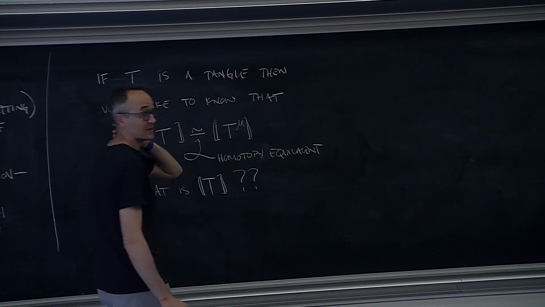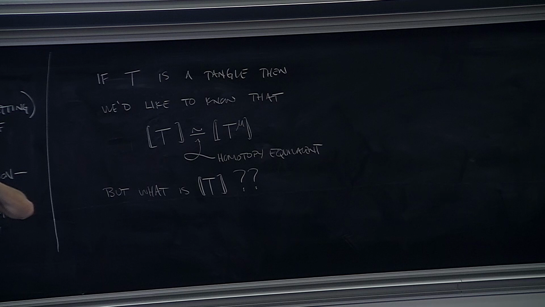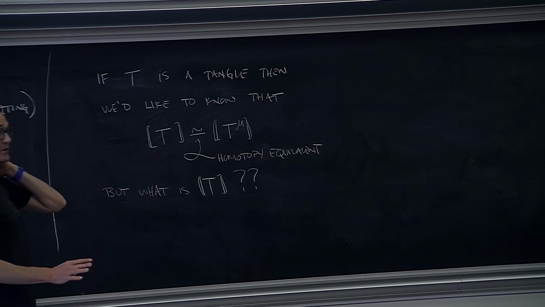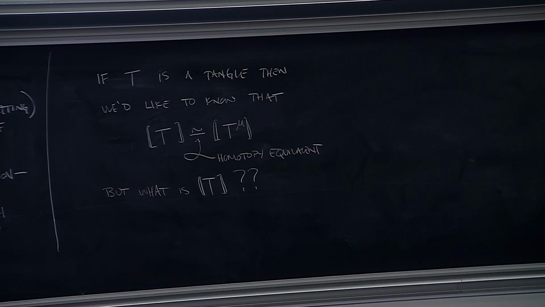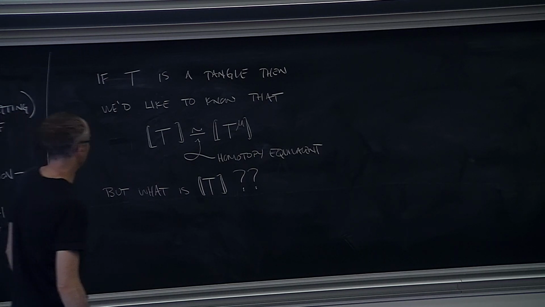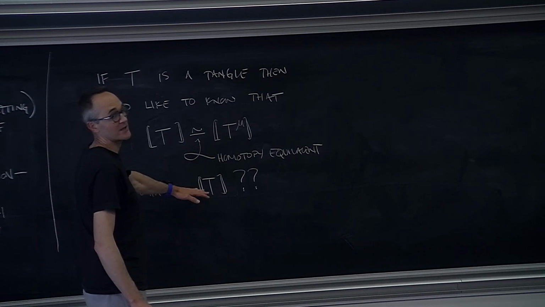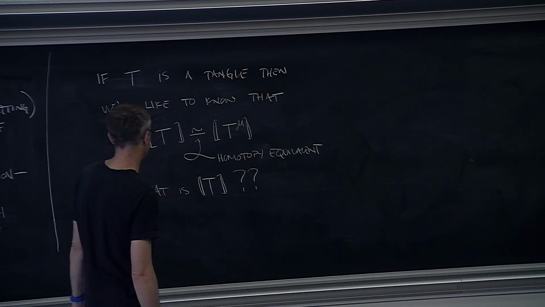Because so far it's just a bunch of symbols and something rather hopeful. Okay, so for people that worked through the exercise, there is hope that you get a chain homotopy equivalence associated with the Reidemeister 1 move, and that's actually what's going on. But to do anything with a higher number of crossings, I have to tell you what this gadget is.